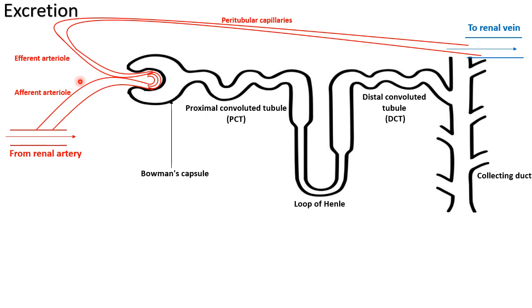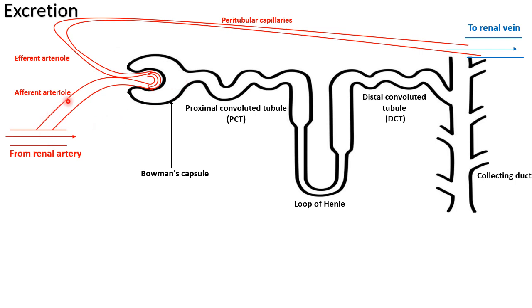Our afferent arteriole being wider than the efferent arteriole makes the blood go to the tubules with pressure.